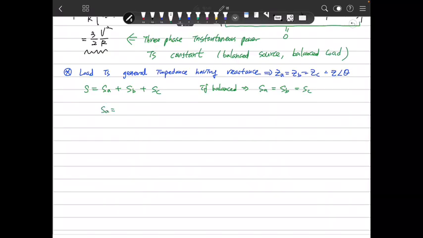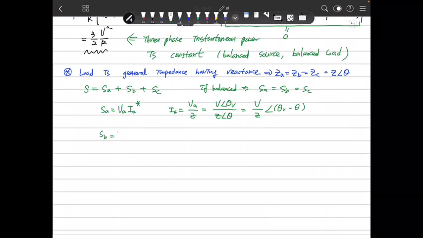So SA is VA IA conjugate, then IA is VA over Z. Therefore, this is V at angle theta V and Z at angle theta, then there will be G V at angle theta V minus theta.